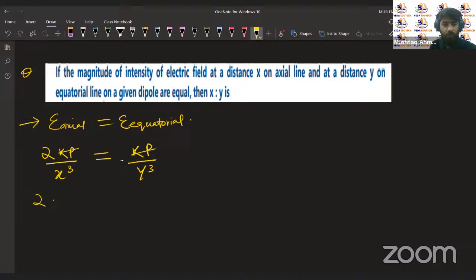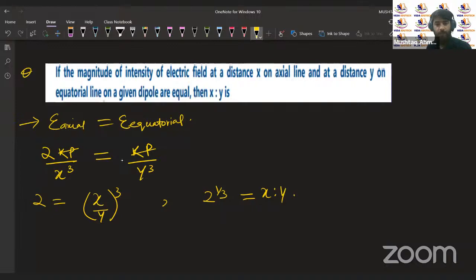So it will be 2 here. So x upon y ka whole cube, right? Or we can write it as cube root of 2, that's x ratio y, right? So x ratio y is nothing, it's the cube root of 2, right? So for ratio cube root of 2, the electric field at axial line and the equatorial line is equal, right?